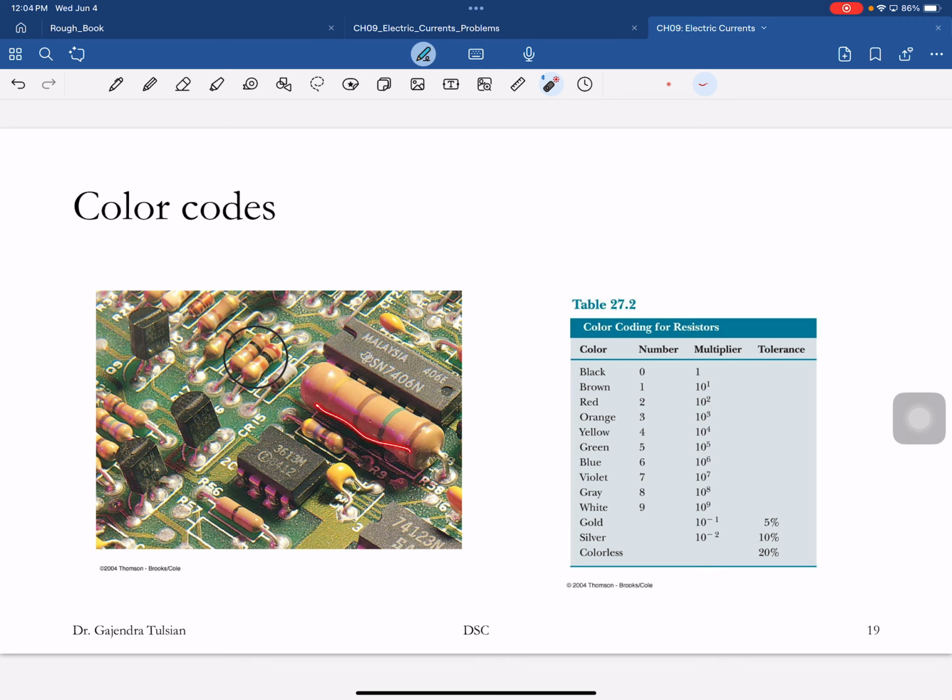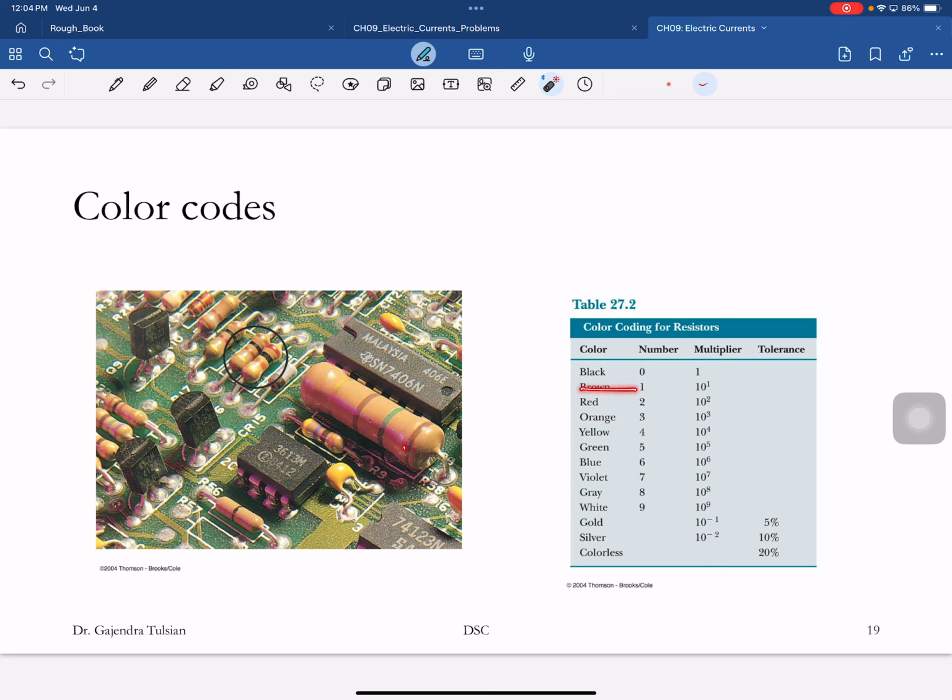All right, these are resistors, and these bands mark the value of the resistors. This color code is for the value of the resistance, and this tells you the accuracy of the value. The first band is the first number, the second band is the second number, and this is the power of 10. So this is how this is read.